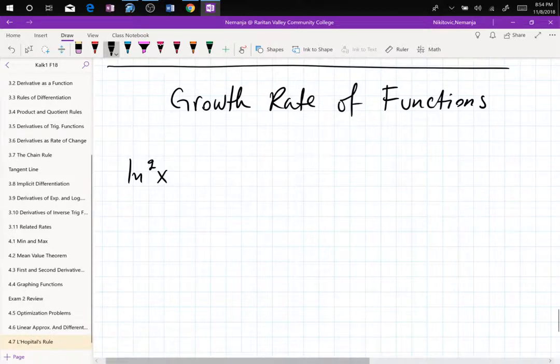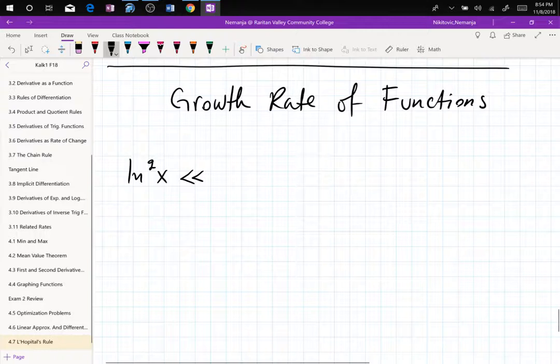And that is going to be followed by, this is a double less-than sign, okay, so that's the notation, polynomial functions. We are talking about square root of x, x squared, x to the 100th power. That is smaller than when you multiply these two together, and that should be common sense.